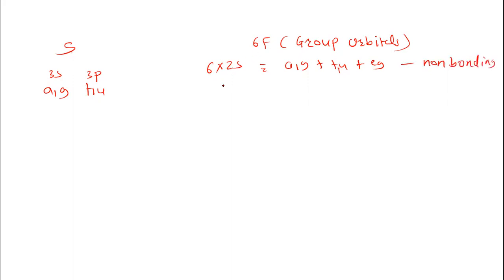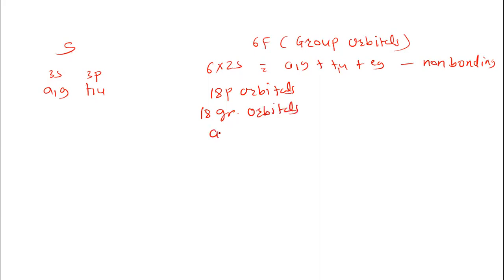Now there are 18 p orbitals that get combined, because one fluorine has 3 p orbitals. So 18 p orbitals get combined and it will form how many group orbitals? 18 group orbitals. So which are those 18 group orbitals?